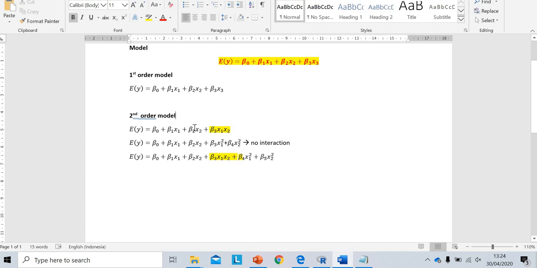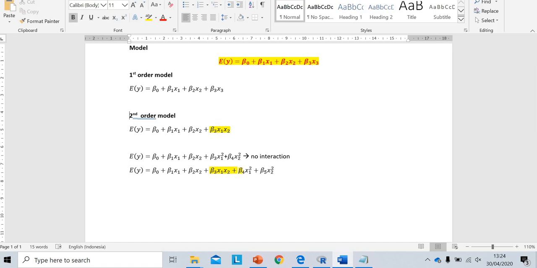Now, if we have the interaction term, then we start to consider a second order model, and here we put in two variables, x1 and x2.